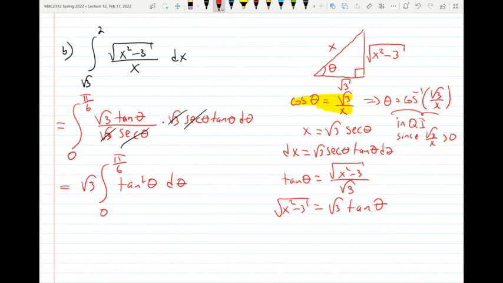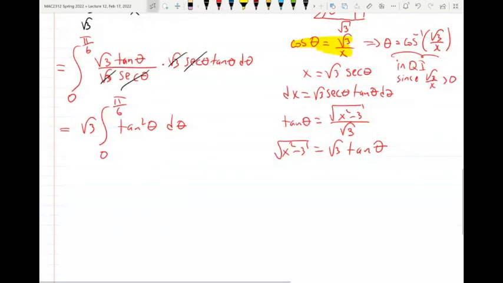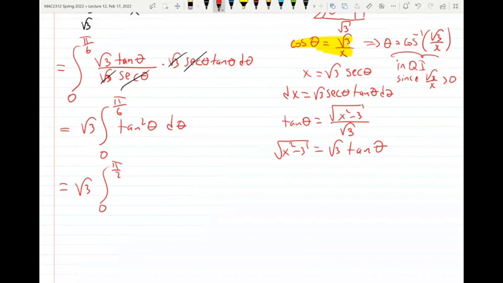What's the technique? You could change it to secant. You could do secant squared of theta minus 1, and then solve from there. And then secant square is just tangent, and 1 is just theta, right? So we get square root of 3. So we turn it into secant square minus 1.